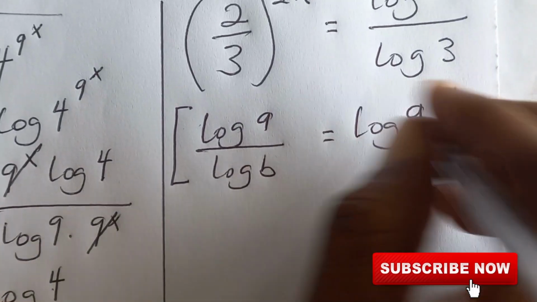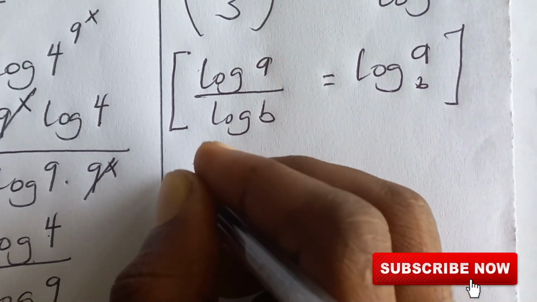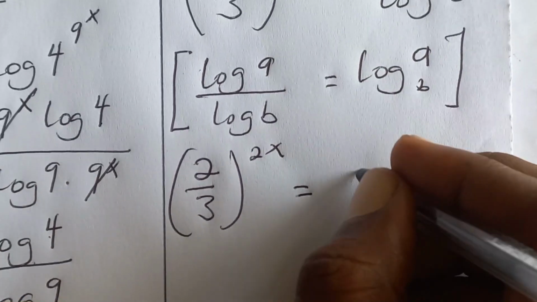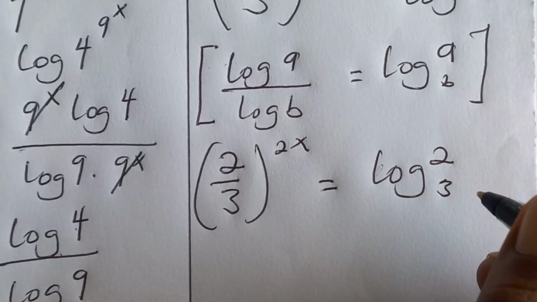Okay, so we are going to use this expression. Now we have (2/3)^(2x) is equal to log 2 base 3.